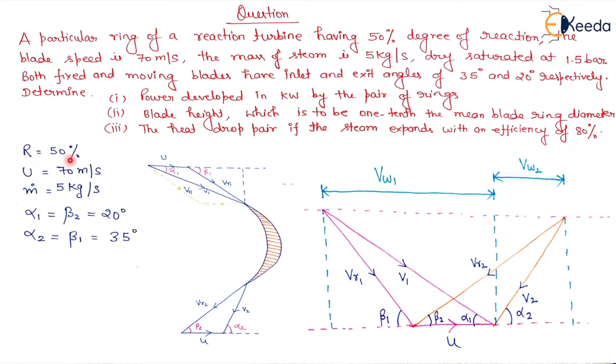R is given 50%, it is a Parsons turbine. U is given 70 meter per second. Mass flow rate is given 5 kg per second. Now how have I written this? You see in this question, both fixed and moving blade have inlet and exit angle of 35 degree and 20 degree respectively. It is a little bit confusing, so I'll explain here.